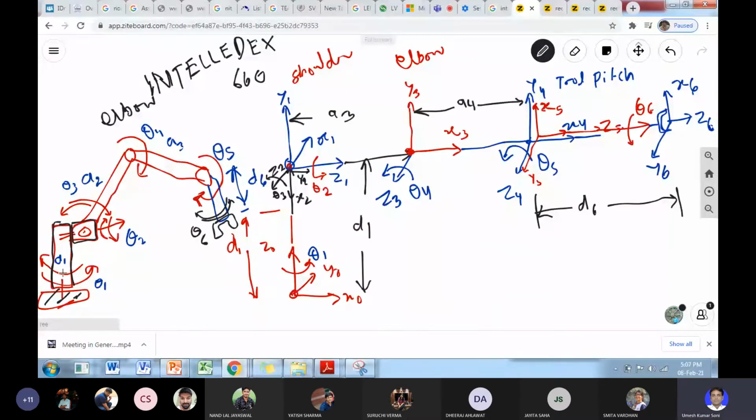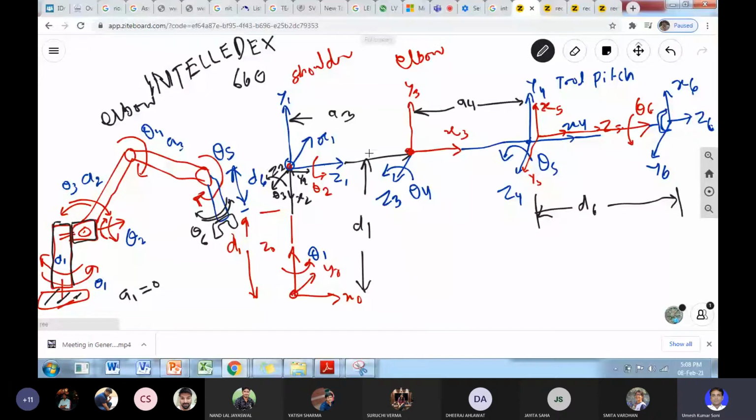Here this is the length D1 of the assembly. Now here there are two axes, one coordinate axis here and another coordinate axis for this link. Okay, so the distance between the two origins is 0, so A1 is kept 0. Okay, so here two joints are at the same place and the distance between these joints is 0.